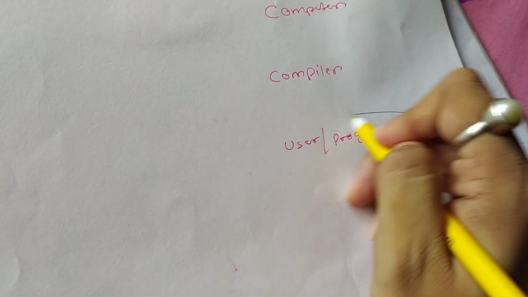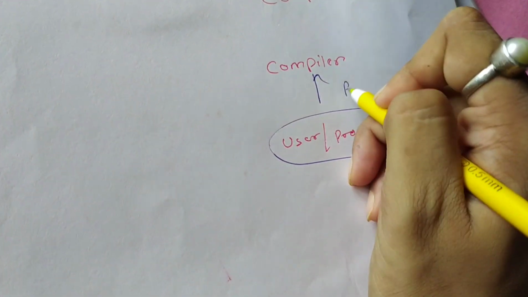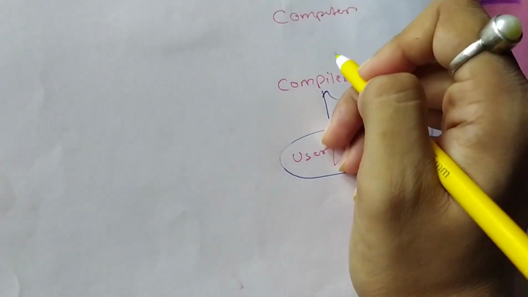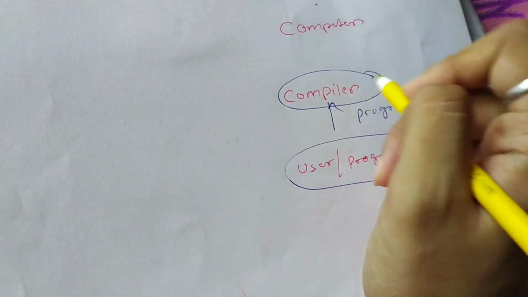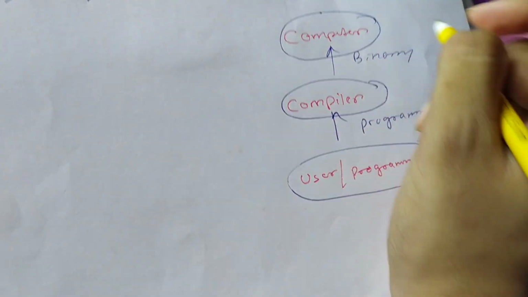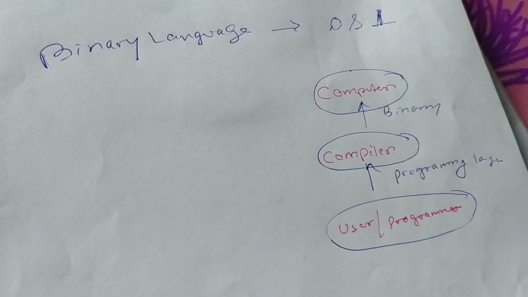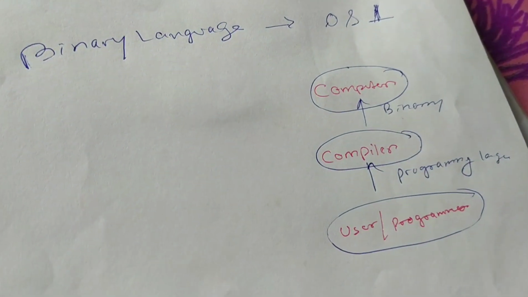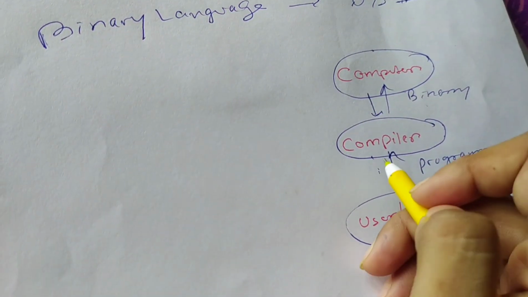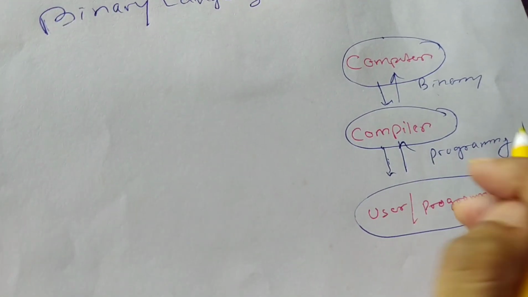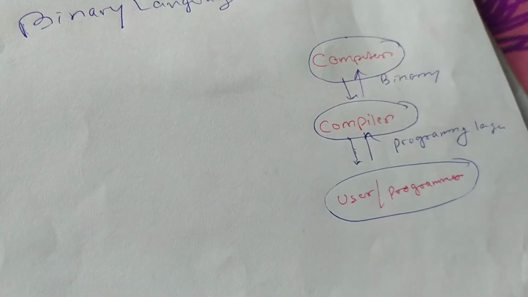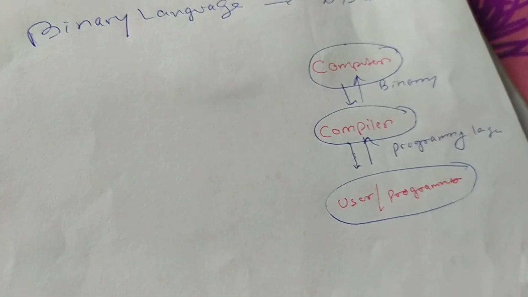The programmer writes a programming language which the compiler accepts and decodes in the form of binary. The computer then understands this binary language and gives the result as required by the programmer in the form of binary, which again the compiler decodes into the form that the user or the programmer can understand. So generally programming language is the language that acts as an intermediate between the computer and the programmer.